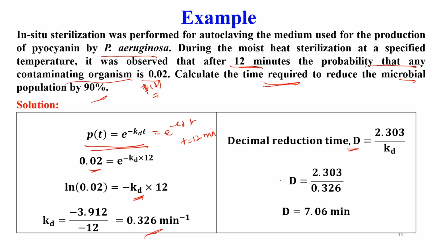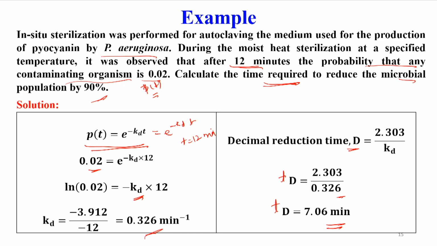Td is 2.303 upon kd. This comes out to be 7.06 minutes. So in this way we should be able to understand sterilization in terms of decimal reduction time, in terms of number, or in terms of probability.